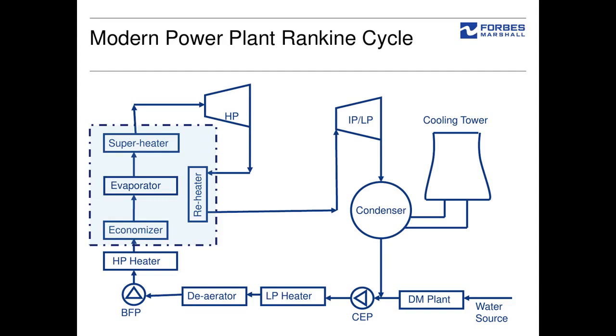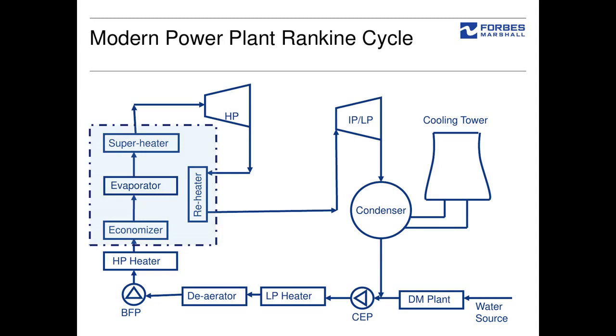You can also see reheater. Steam is taken out from a HP turbine, cold reheat steam, and taken into reheater to reheat, and this reheated steam, hot reheat steam, is used in IP and LP turbine casing.